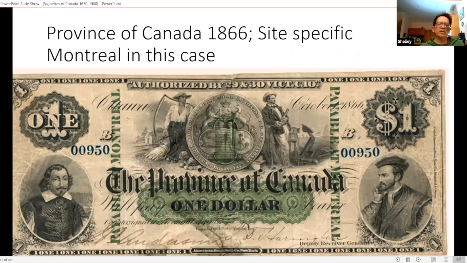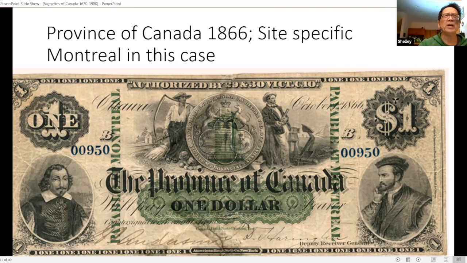The province of Canada was formed in 1866, and it largely became a province because of the tension that had been produced in the 1840s. We had a revolution in Canada in the 1840s because of the Family Compact. A group of British men were controlling both the economies of local areas and all the banknotes.